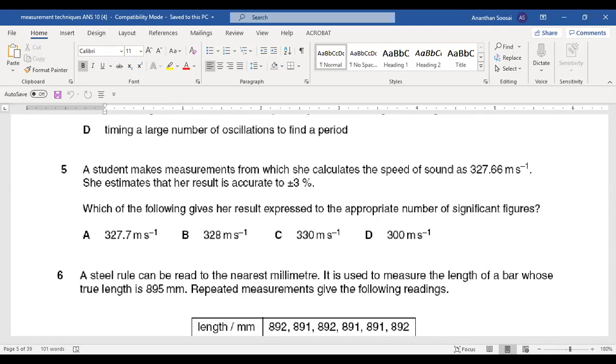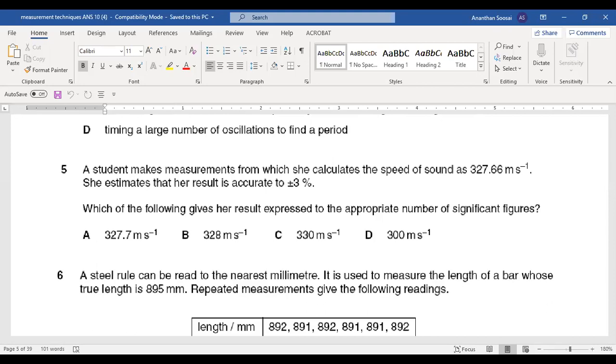Okay, so anyone got an answer? The uncertainty is 3%. Which of the following gives the result expressed in appropriate number of significant figures? The final answer, the actual value, must be written as what?